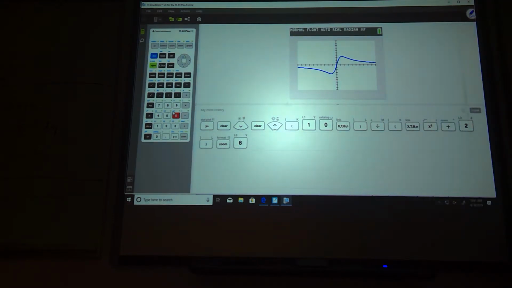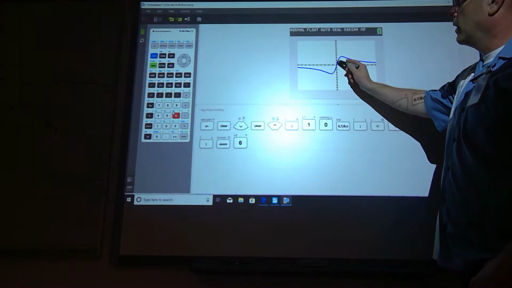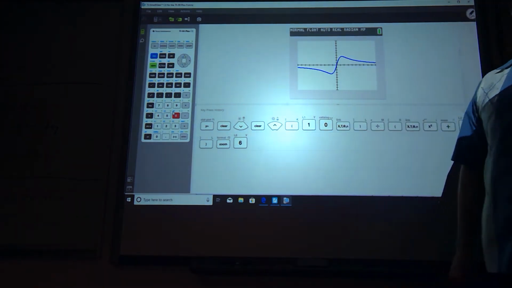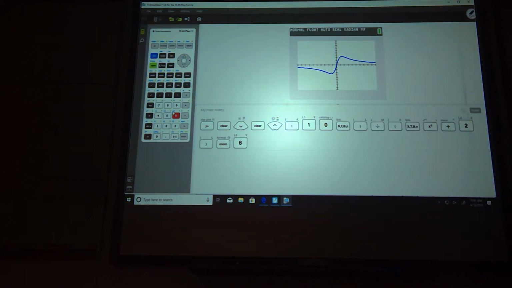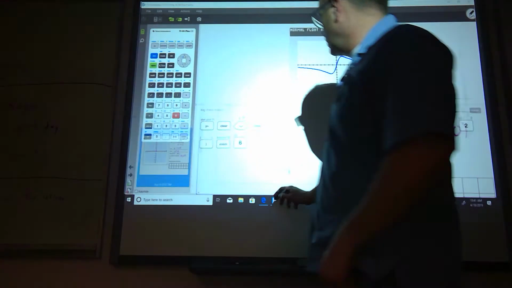So I drew the last graph incorrect too, so we're going to go back to it. So what do you notice about this, even though I have a horizontal asymptote? What's it doing? It looks like it's flipped. What is it doing right there? Crossing the asymptote. Yeah, it's crossing the asymptote. So let's go back.